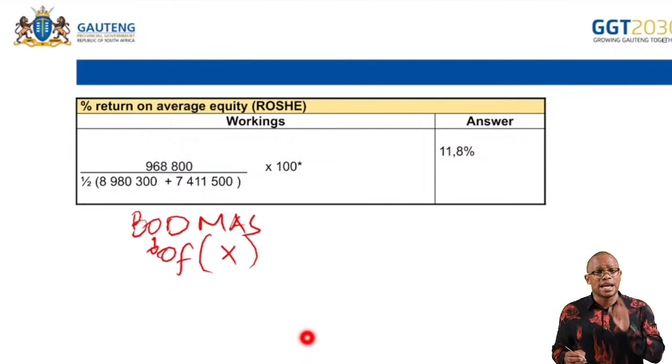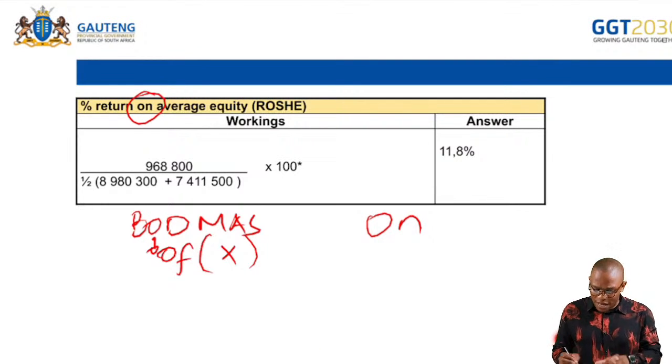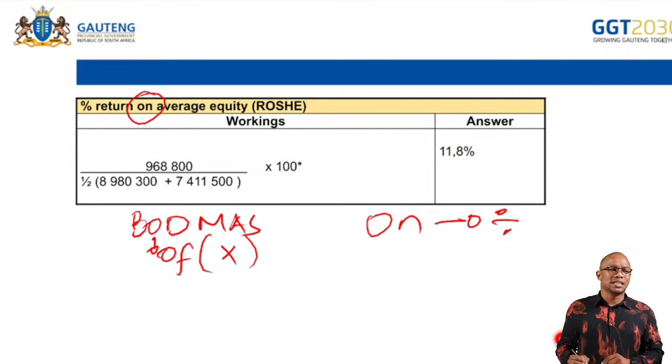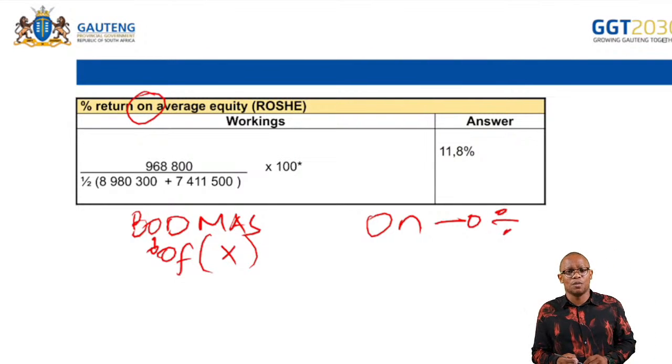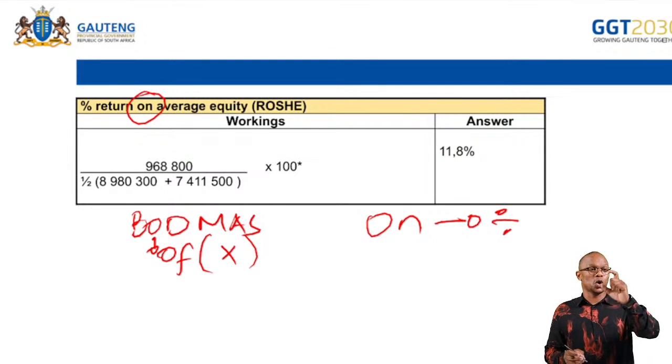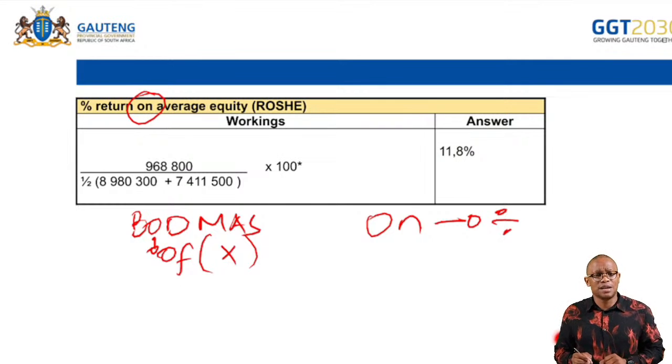So always in accounting, when you see "on", you must know it simply implies a division sign. When they say calculate gross profit on cost of sale, which is your markup, you know that that is your gross profit divided by what? Your cost of sale.